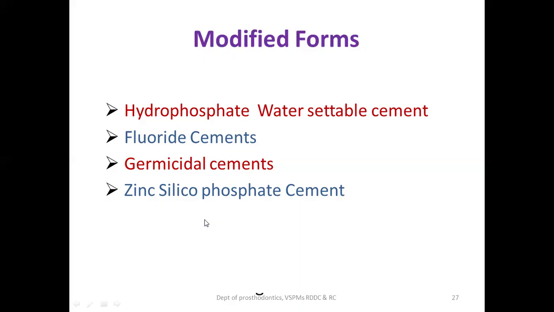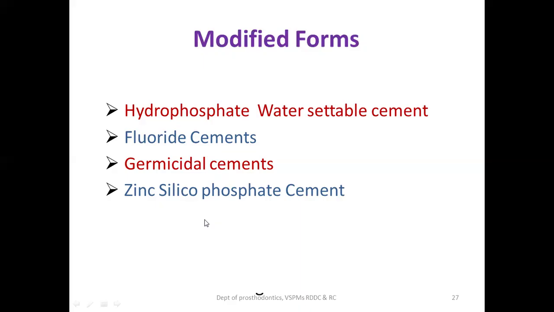Here you will be getting a good aesthetic property and the anti-cariogenic property of the silicate cement. And the main aim of combining these two cements is to lower the initial solubility and acidity of the zinc phosphate cement.